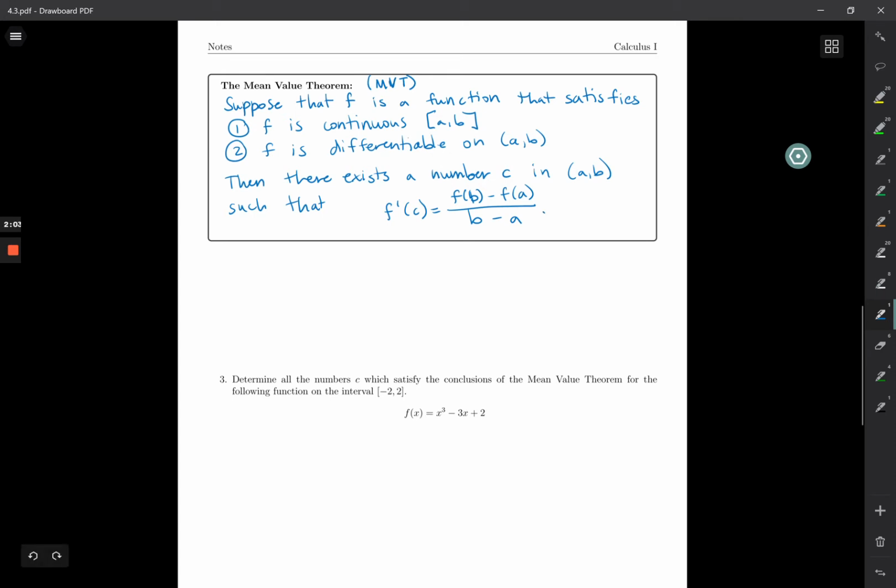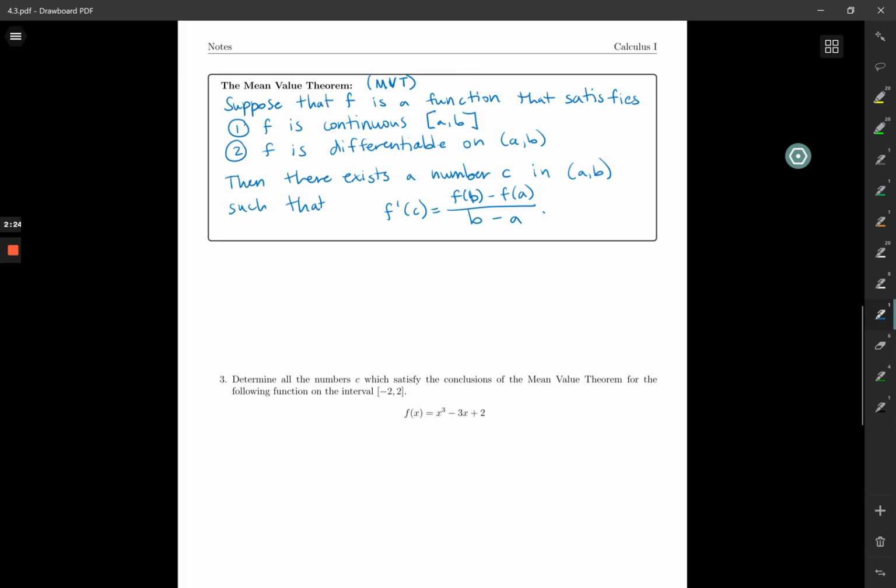Okay, so let's think about how this is different than Rolle's theorem. Well, first of all, there are only two conditions, so we don't have the condition that f of b should be equal to f of a. But the first two conditions are actually the same.